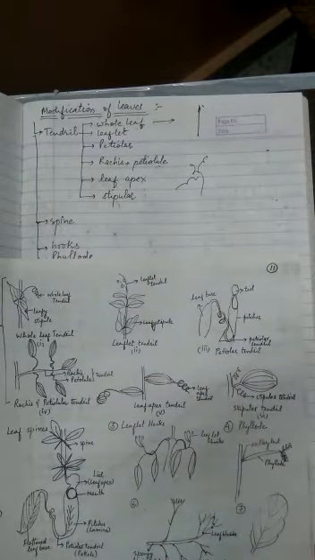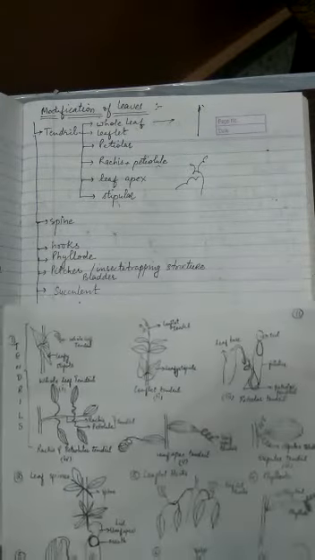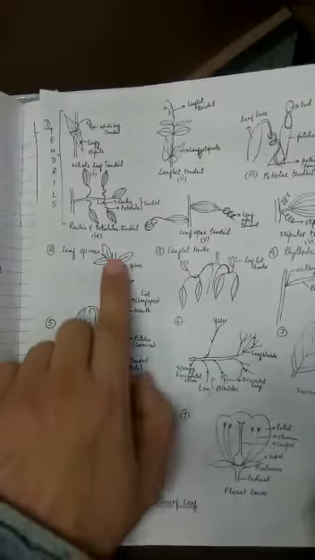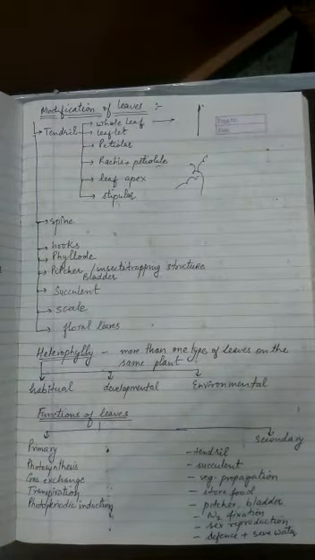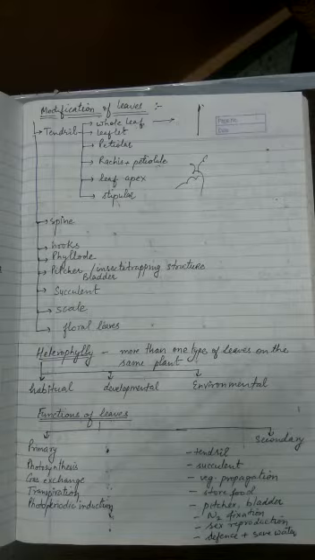Now another possibility of the modification of leaf is that the leaf may modify into spines. So leaf can even develop into spines. Now the function of spine we all know that spines generally develop in xerophytic plants. And the complete leaf may change into spine, or maybe some portion of the leaf may change into spine.